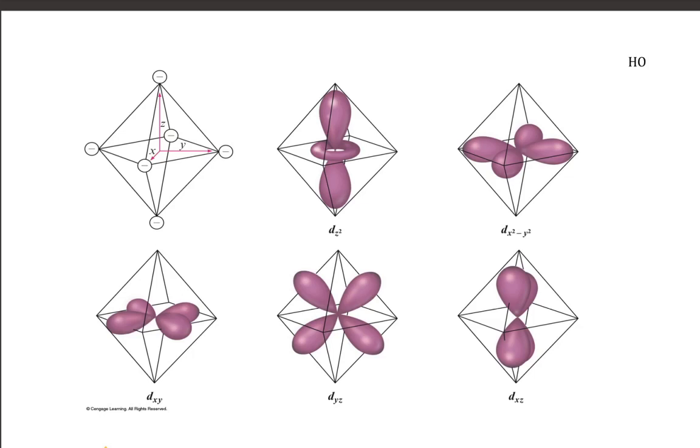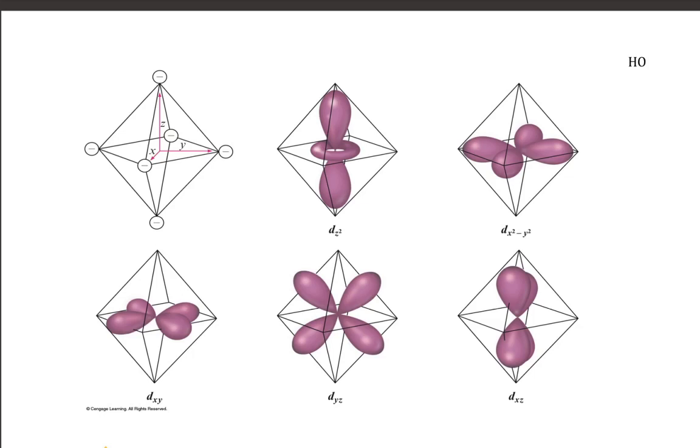Now, when the ligands come into the metal, because we have a coordination number of 6, those ligands are coming in to the 6 points on the octahedron. So they're coming in above, at the top, at the bottom, and then in the same plane as the central metal, as we see in that diagram there: to the left, to the right, in the back, in the front.